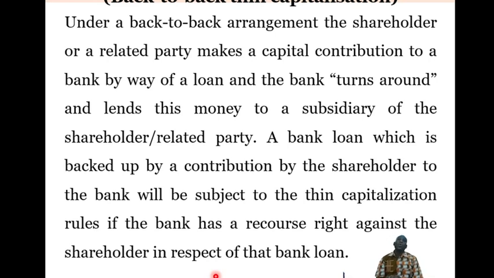So when that happens, and the Commissioner General gets to know that the bank is only being used as a conduit, the anti-avoidance provisions regarding thin capitalization will still apply to the resident entity, even though the resident entity might have taken the loan from the bank.